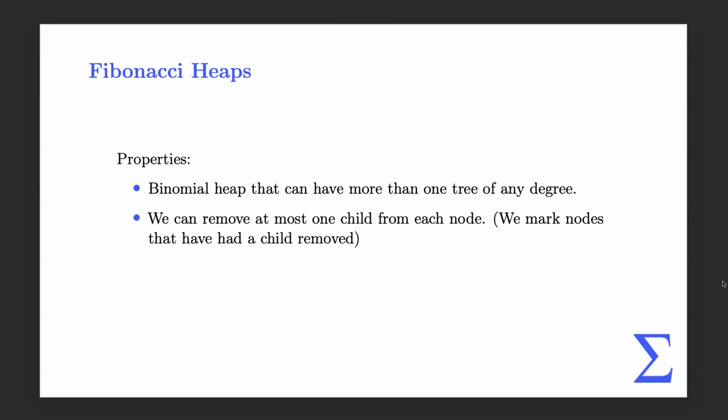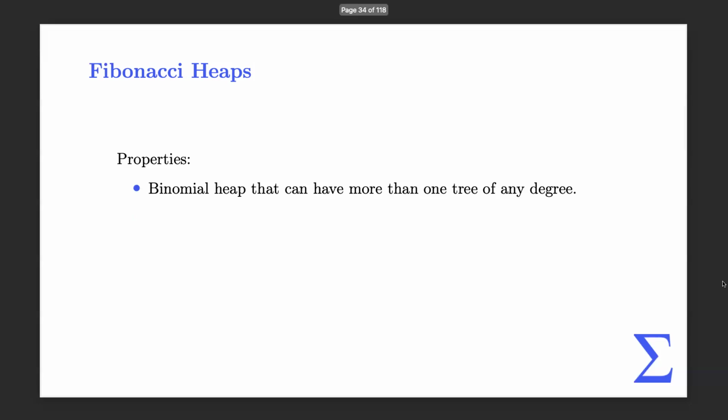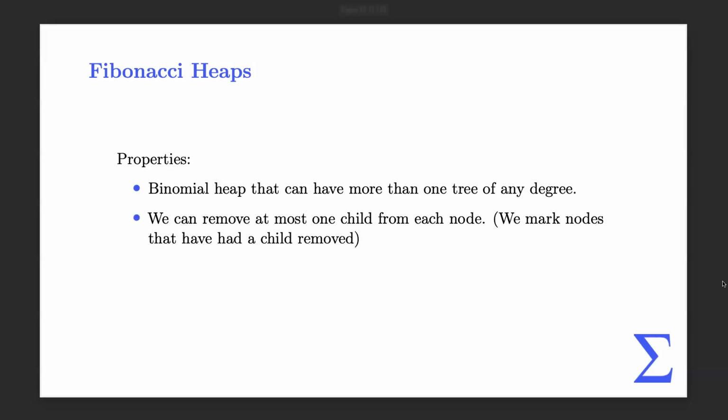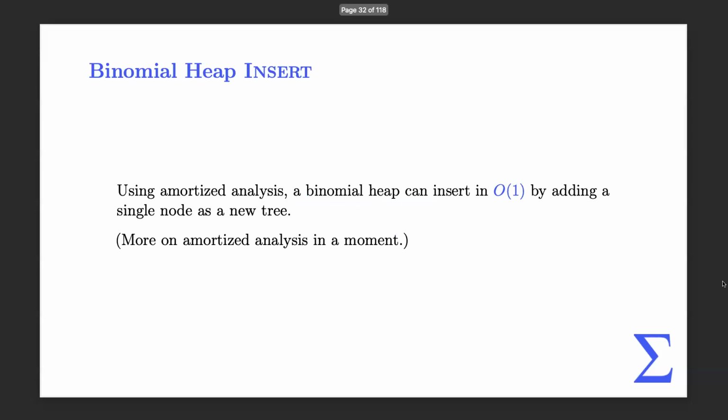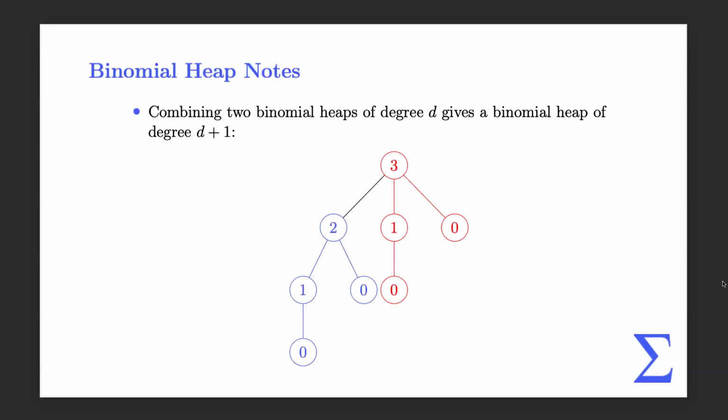We can also remove at most one child from each node, and then you mark nodes that have had a child removed. If we look at this binomial tree, it's a very specific structure, like you were mentioning. If you were to remove any one of these nodes, it wouldn't be a binomial tree anymore.